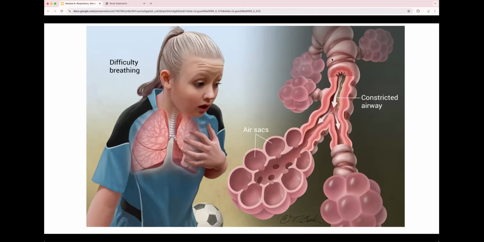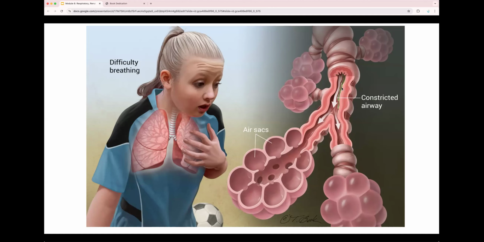This is an asthma attack. So some differences. Right away we see the smooth muscle is tightened. It's choking that airway, right? So that serves as a blockage, an obstruction, because oxygen cannot get in, and it's reducing the size of the airways.